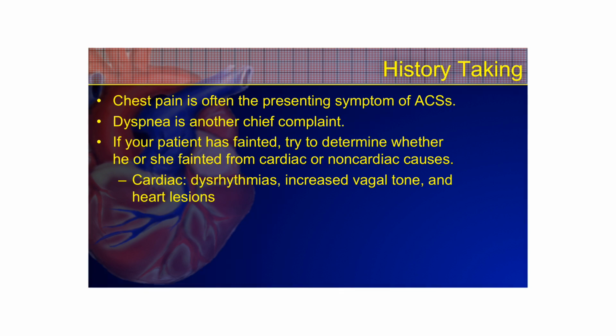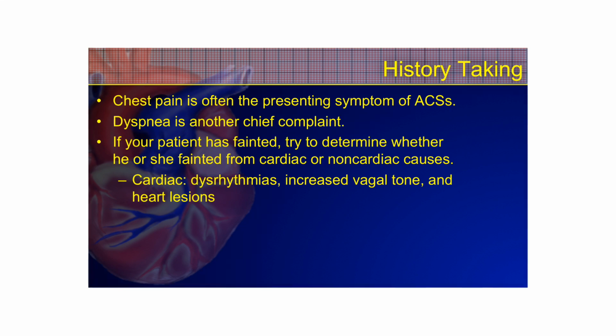Consider a cardiac cause if fainting occurs in the recumbent position, is provoked by exercise, is associated with chest pain, or a family history of fainting or sudden death is present. So think cardiac with those things: recumbent position, exercise, chest pain, family history.